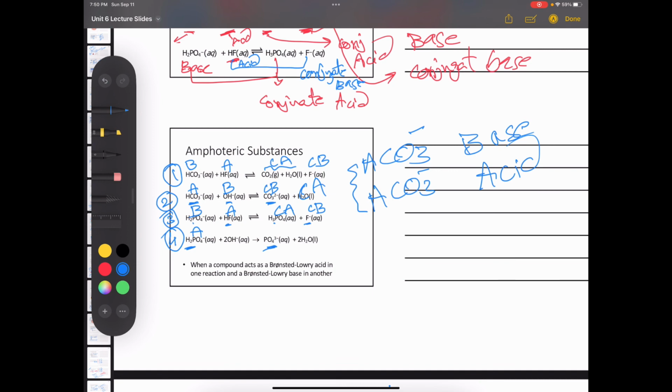By process of elimination, this will make the OH the base. Since this is the acid, the phosphate will be its conjugate base, and the water will be the conjugate acid. Okay? So that's in terms of the amphoteric substances.